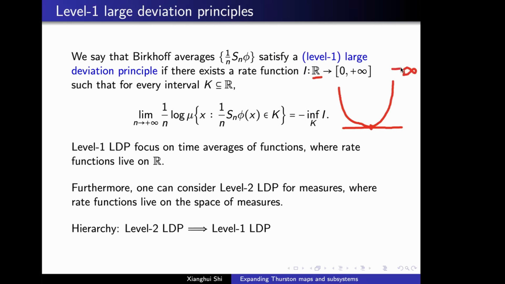So taking value infinity essentially means that the Birkhoff averages never visit this part of the space, right? Yeah, because if you consider a continuous function phi over a compact space, so this function phi is bounded, and if this interval is outside the range of this potential phi, then this is the empty set, so it corresponds to infinity. Okay, makes sense.